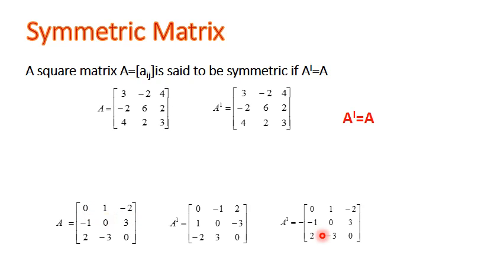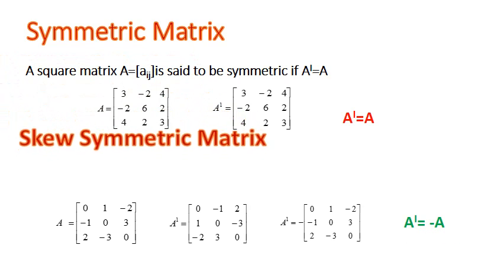So when you check A and this matrix, both have the same elements. Since both have the same elements, we can tell that both the matrices are equal. That means A transpose is equal to, the minus sign is outside, that we have to keep here, and the other matrix is A. So the conclusion is A transpose is equal to minus A.